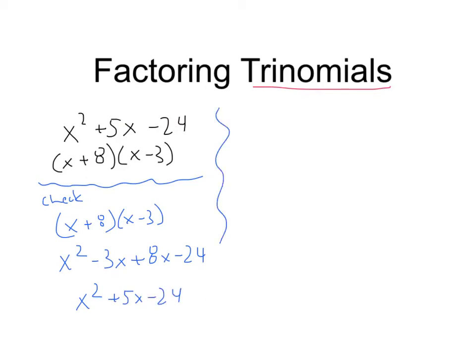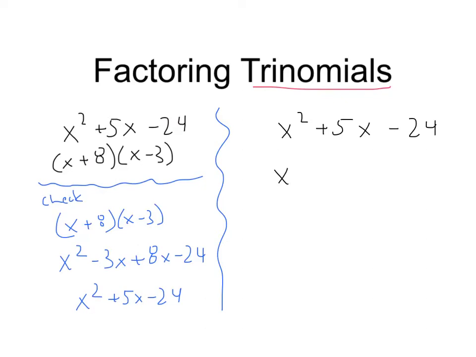I'm going to do a little preview before we go step by step, to talk about what's going to happen. If we want to factor something like x squared plus 5x minus 24, first we rewrite this a little differently.